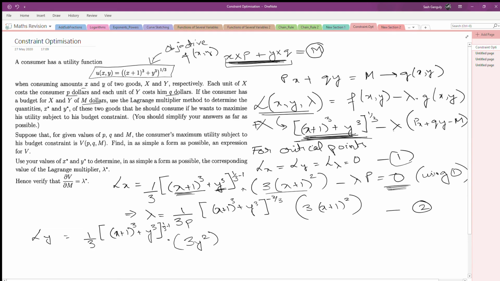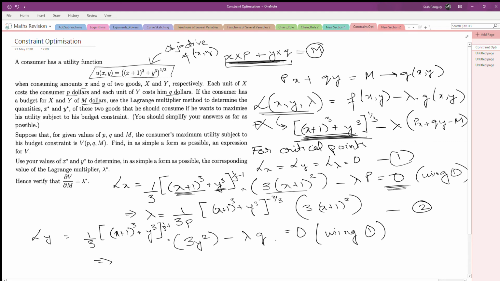So now we have minus lambda times px would now be 0, qy will give me just q. So it will be minus lambda times q, and that is equal to 0 using 1. Again, we use this equation to find what is lambda.